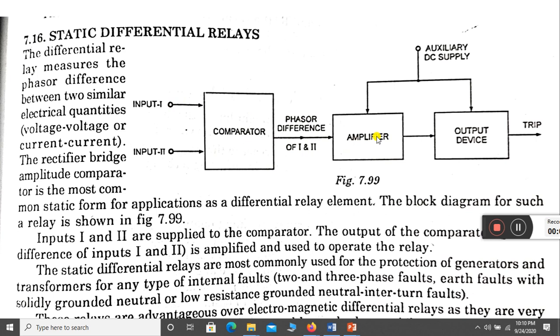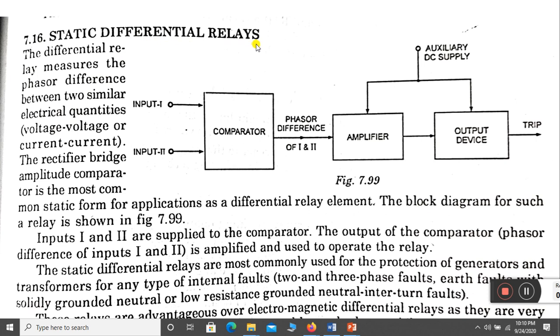This value is amplified, and after that it is given to the output device. To operate the amplifier and output device, we supply an auxiliary DC supply. Then as per the set value of the relay, the output is issued as a trip command to trip the system as per the phasor difference of inputs 1 and 2. That is how static differential relays function.